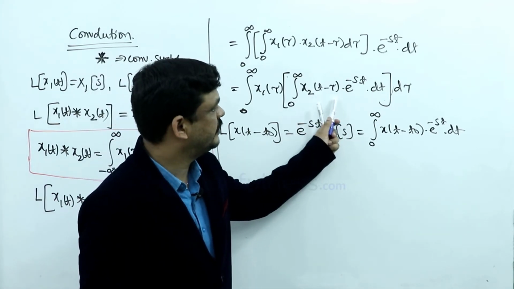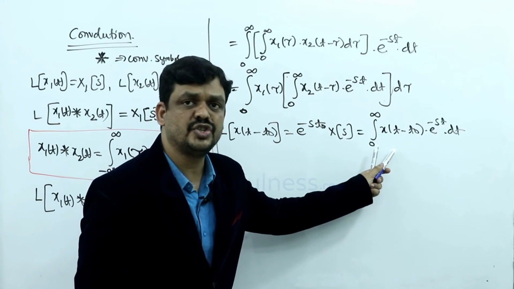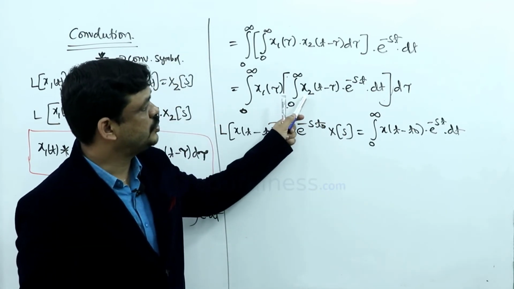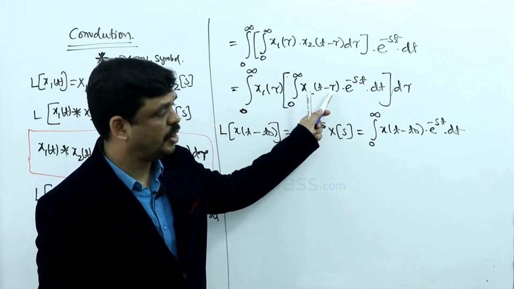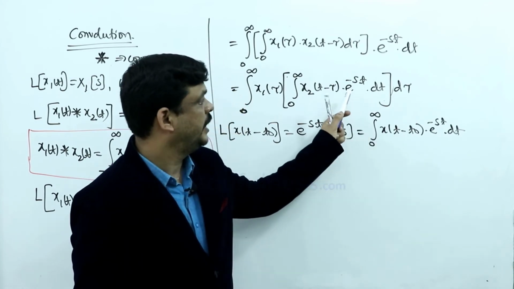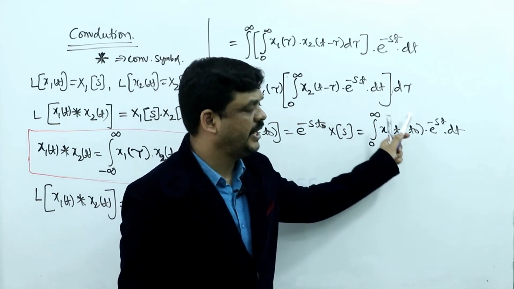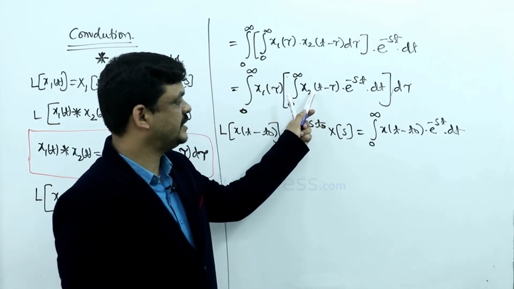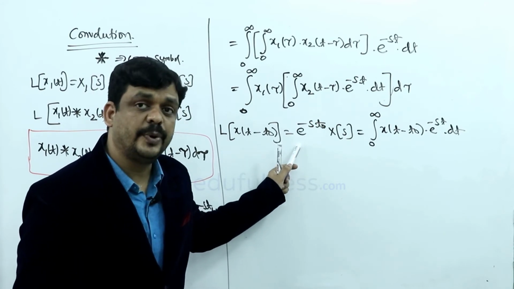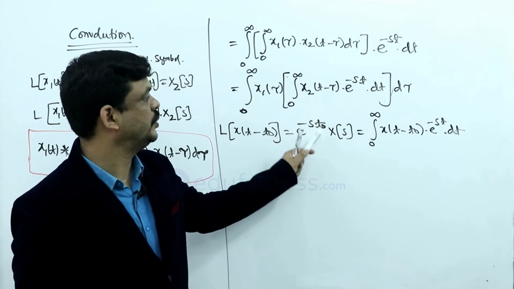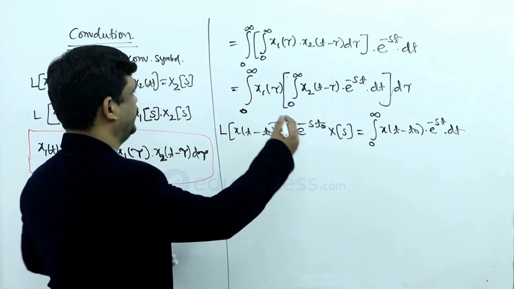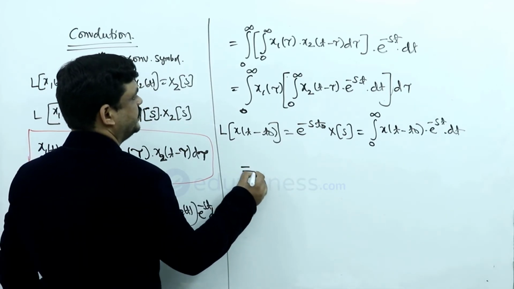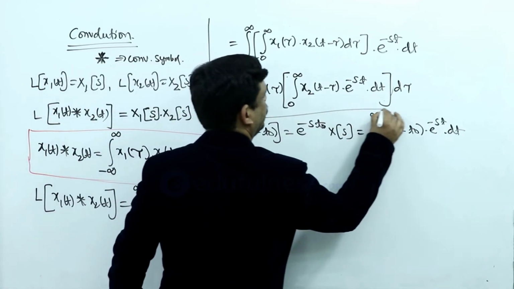Now this equation is similar to this function. Here x2 of t minus tau is shifted by tau, into e to the power of minus st dt. Then this function is completely replaced with e to the power of minus s tau into x2 of s. This is one standard property.